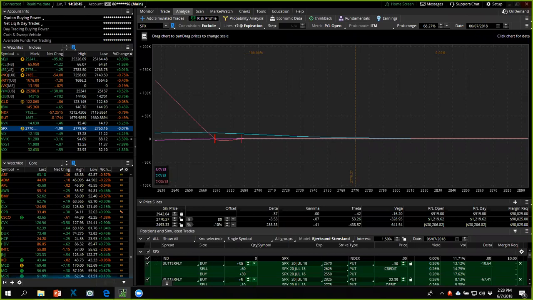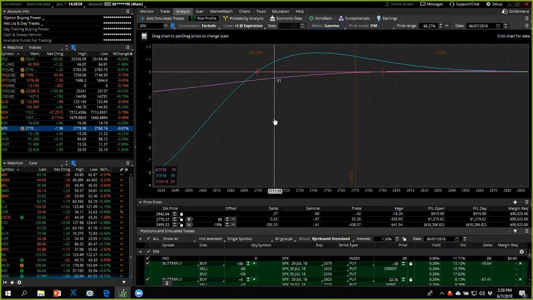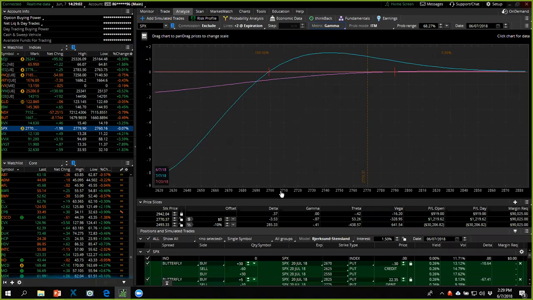So Sergey says, you added overlays and they changed the graph. So what overlays are you talking about? Are you talking about this aspect of Thinkorswim right here? If I change that to gamma, this is what my gamma profile looks like as a function of the price of SPX. Is that what you're talking about?